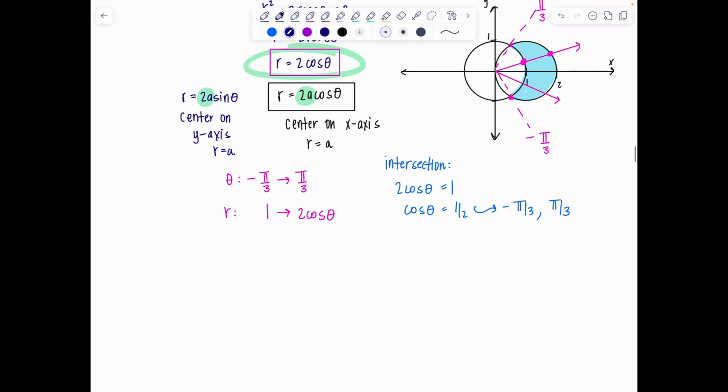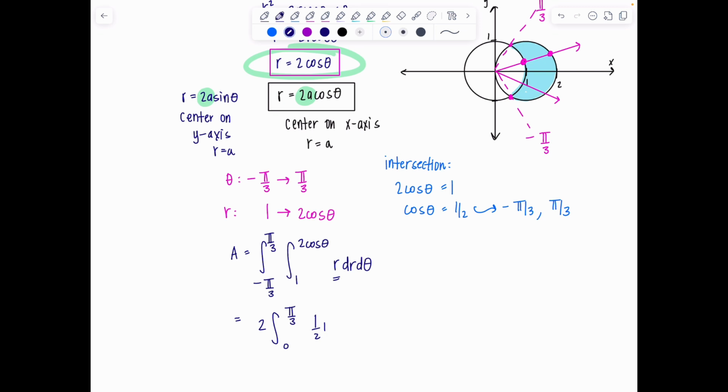Okay, so the area is going to be the integral from negative pi over 3 to pi over 3, from 1 to 2 cosine theta, and then we don't have a function. It's just dA, so r dr d theta. Again, yes, please double. Go from 0 to pi over 3. So 2 times the integral from 0 to pi over 3. Let me take the antiderivative of r.